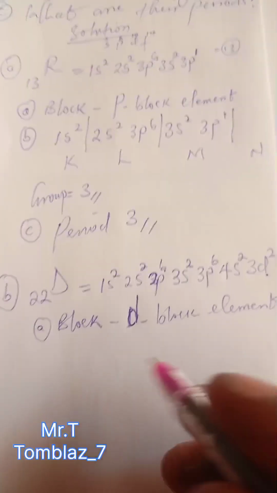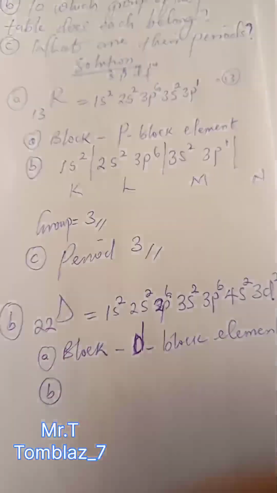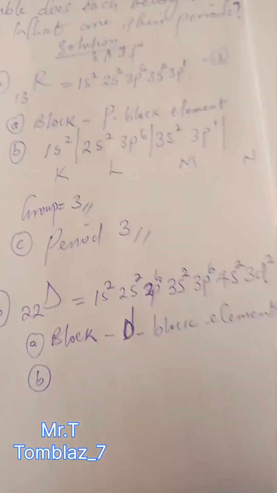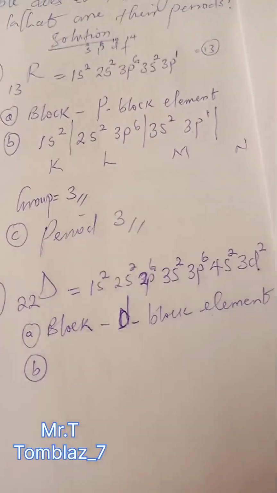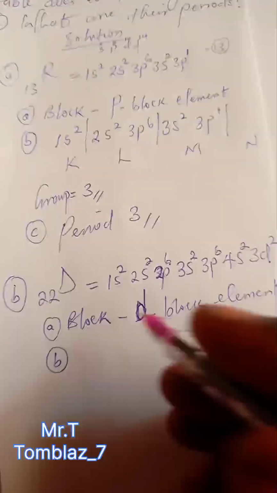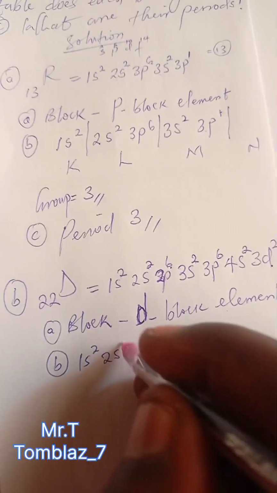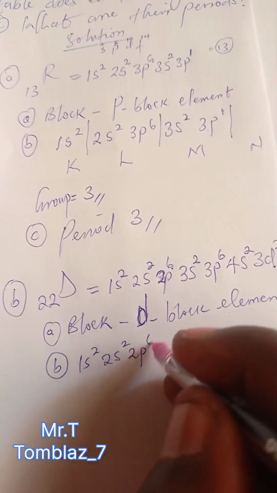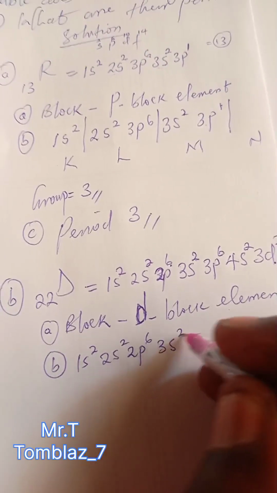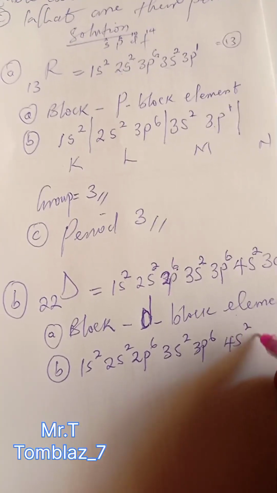All right, option B. Now we're going to be looking for the group. So let's bring out the electronic configuration and divide it into the K, L, M, N shells. So we have 1s2, 2s2, 2p6, 3s2, 3p6, 4s2, 3d2.